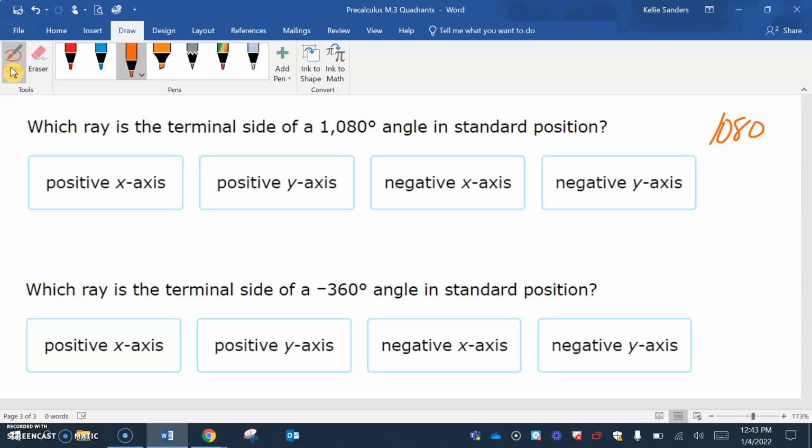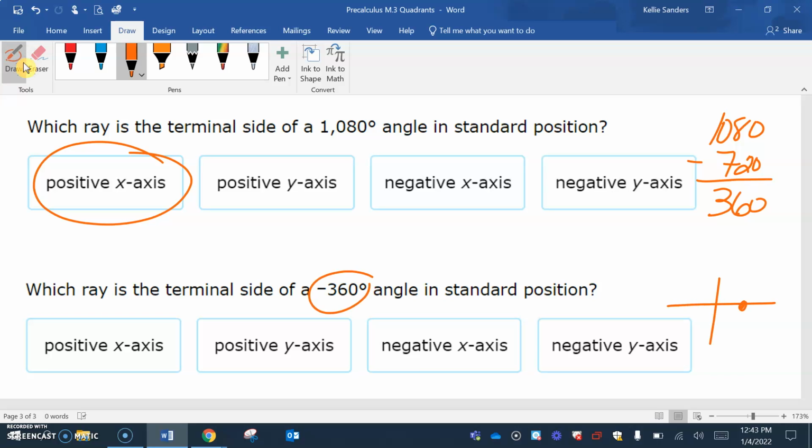Because I've done these for so long, I'm not going to subtract 360 and subtract 360 and subtract 360. I'm going to subtract 2 circles, because 360 plus 360 is 720, and I'm just going to get there faster, which is 360. And 360 is the same thing as 0, and 0 is a positive x. Negative 360 just means that you start on the positive x and you go this way, but you're still ending up at 0, which is positive x.